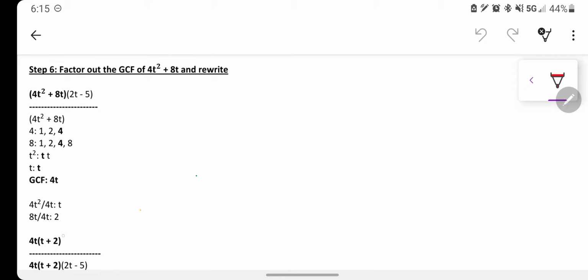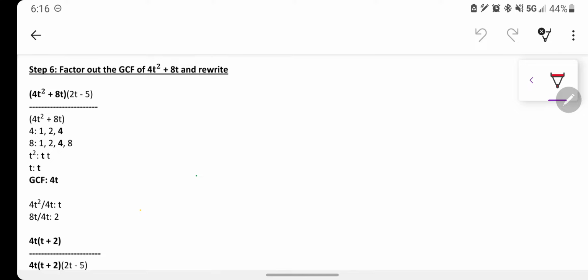And now we're going to input that new factor into the old equation. We now don't have this. It's going to be now this, the 4t times t plus 2 times 2t minus 5.